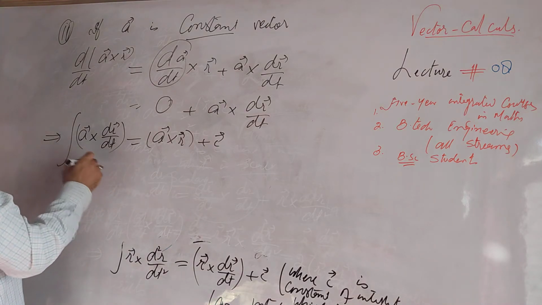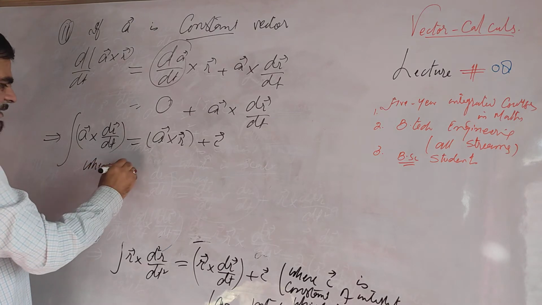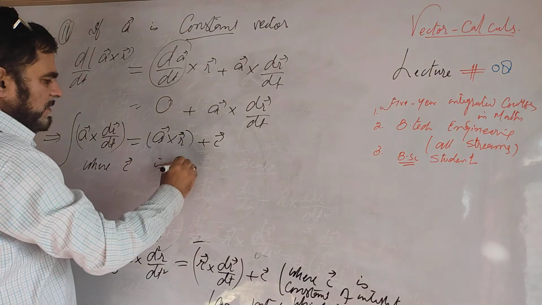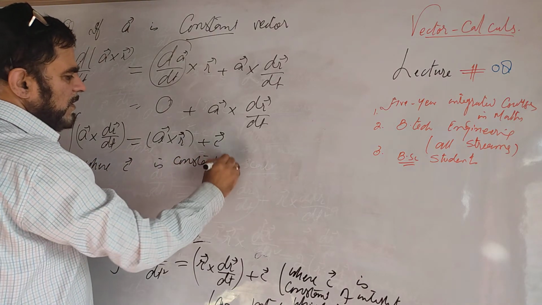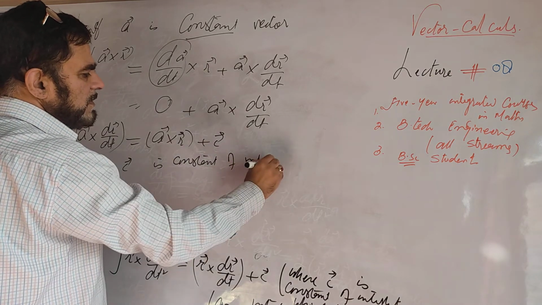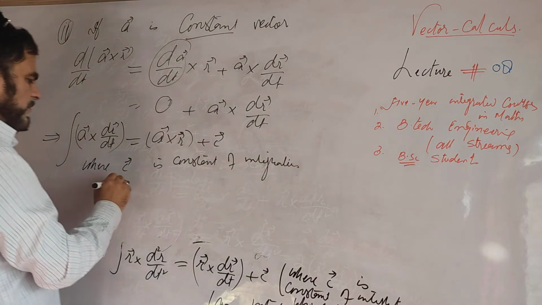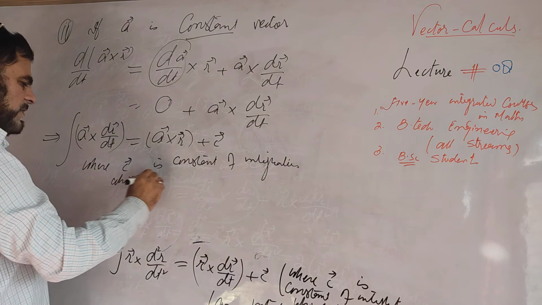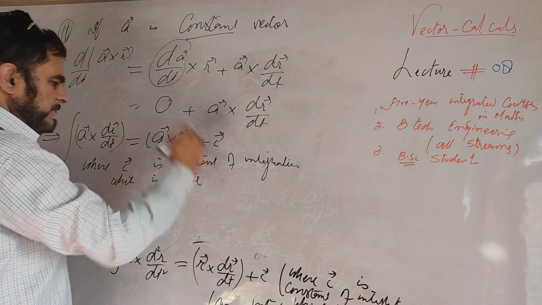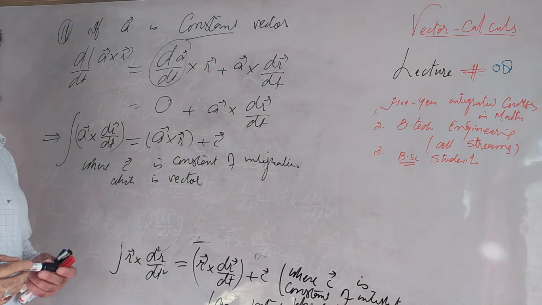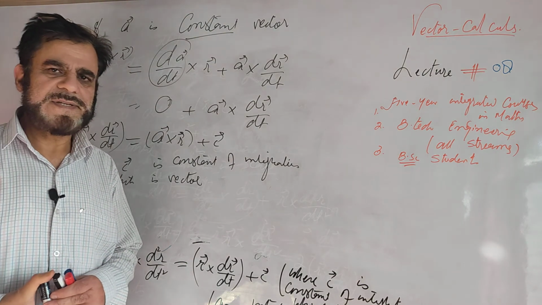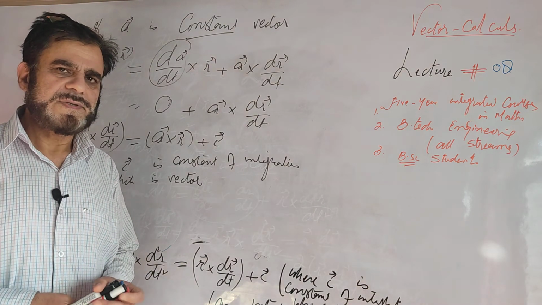And here this is a vector, this is a vector, where C is the constant of integration, which is a vector. This is just a little bit basic that we discussed. You will remember these things.